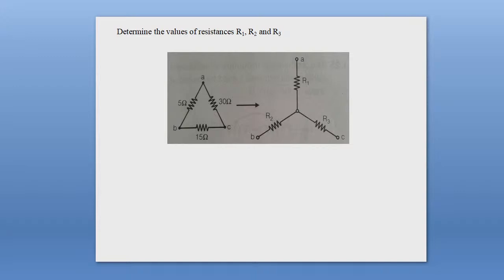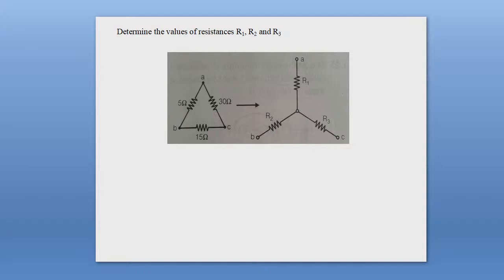Your objective is to calculate R1, R2, R3 by using the values of the delta network resistances, I mean 50 ohm, 30 ohm, and 15 ohm. Everyone solve the present problem yourself, and write the values of R1, R2, R3 in the chat box.